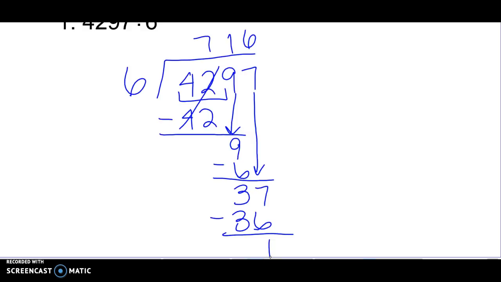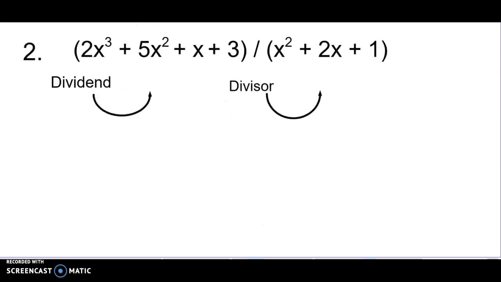Okay. We're going to make that a little more challenging, add some variables into it. So you're going to need to know this vocabulary. What's traditionally on the numerator is the dividend. Again, probably learned this like 10 years ago. Then the divisor is what's going on the outside of the house.